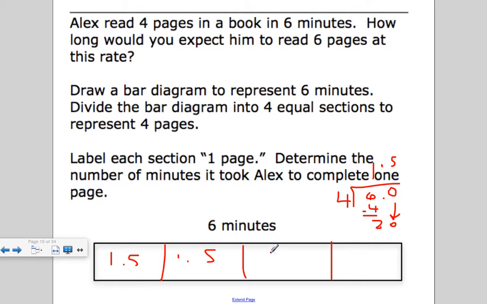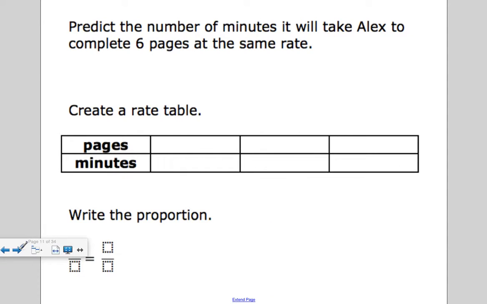1.5 minutes, next page. 1.5 minutes, third page. 1.5 minutes, fourth page. So, in other words, there are 1.5 minutes for each page, per page. So, predict how long it will take to read 6 pages.